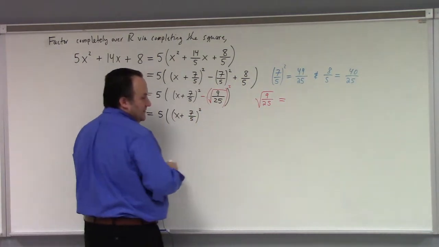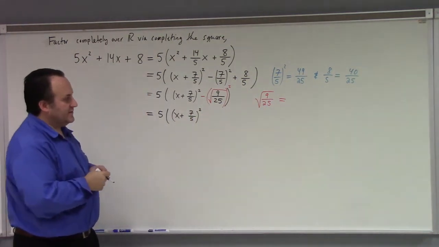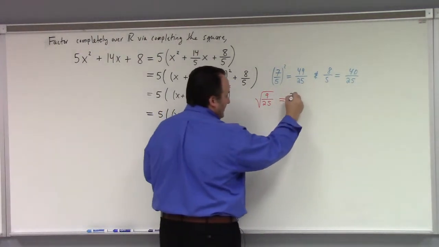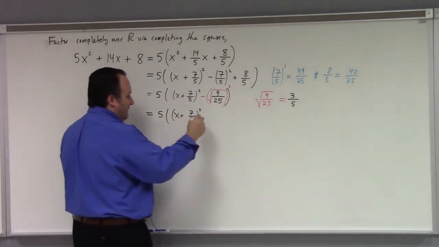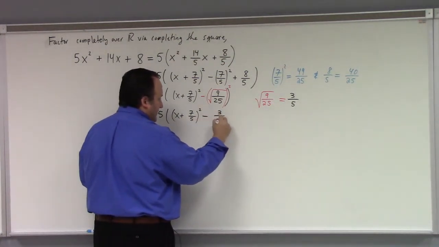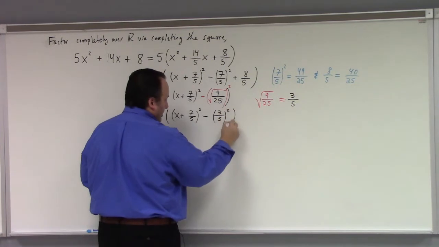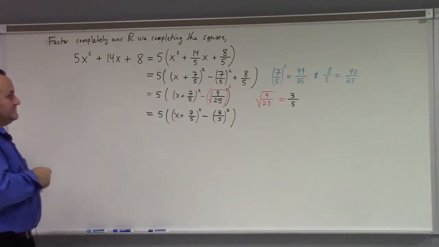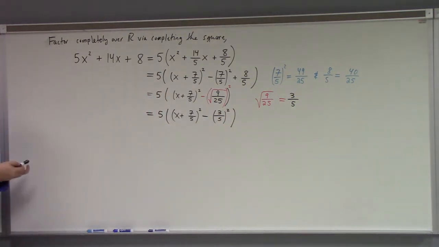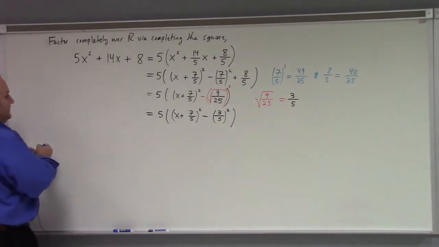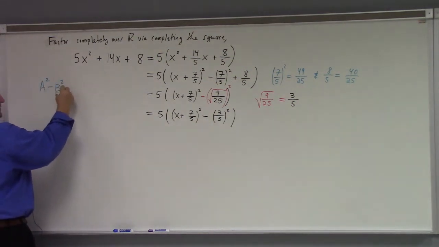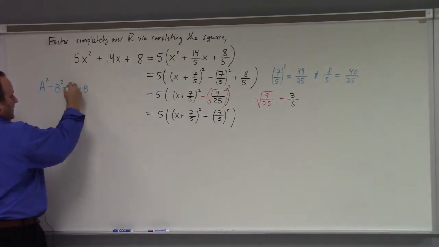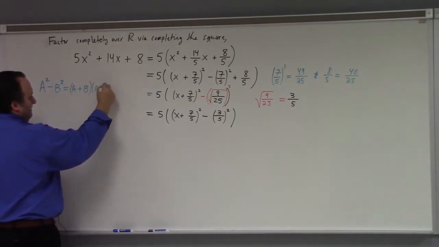That's the square root of 9 divided by the square root of 25, which is 3/5, right? So I really have x plus 7/5 minus quantity 3/5 squared, right? So what is this? This is the difference of squares, right? Remember what we said day one? One of the first things I told you guys, a squared minus b squared is a plus b times a minus b, right?